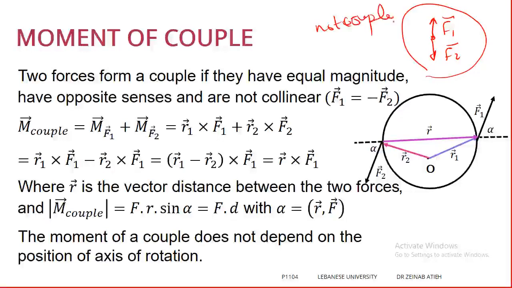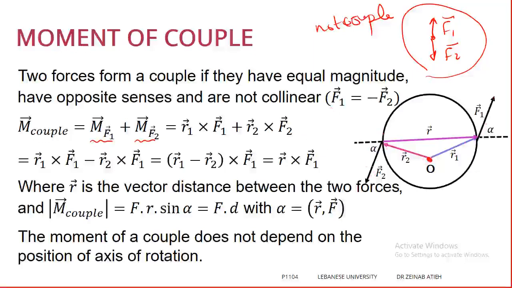For a couple to be formed, we must get F1 and F2 opposite in direction, same magnitude, as you can see. So if I'm going to calculate the moment of a couple, I have to calculate the moment of each force. So it's the moment of F1 plus the moment of F2. I've taken the axis of rotation at O, so it's R1 cross F1 plus R2 cross F2.